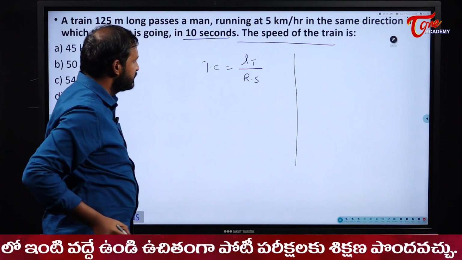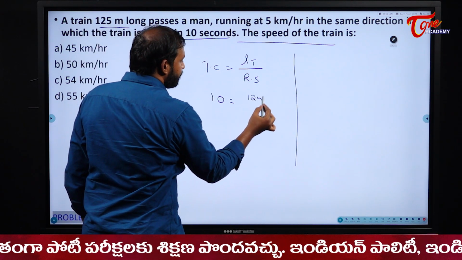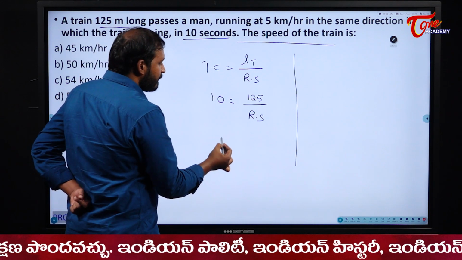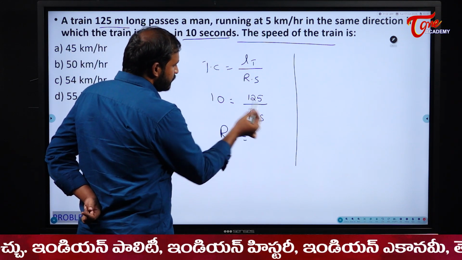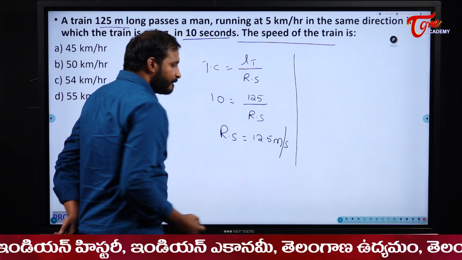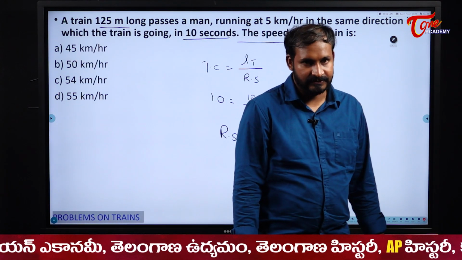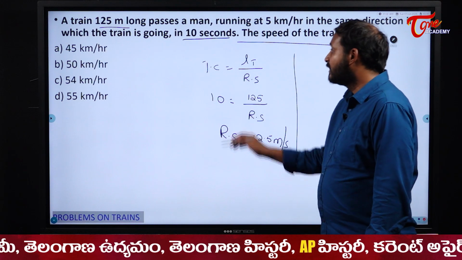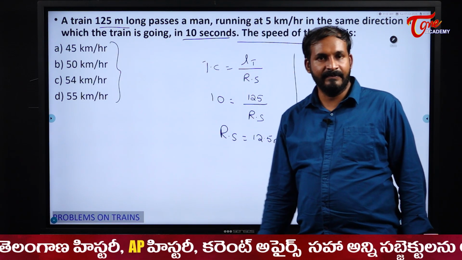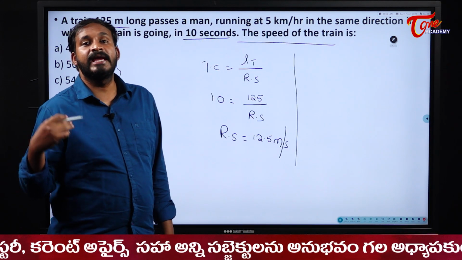10 seconds. 10 seconds is equal to length of the train is 125 by relative speed. Now please observe here. What happens to the relative speed here? This will become 12.5 meters per second. Relative speed is here 12.5 meters per second. Now the speed of the trains are given in kmph, right? Because of that reason, we will convert this relative speed meter per second to kmph.